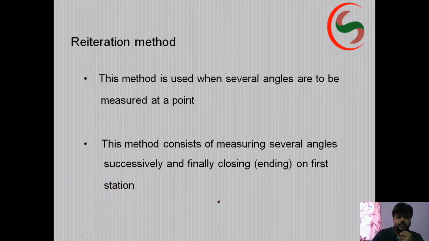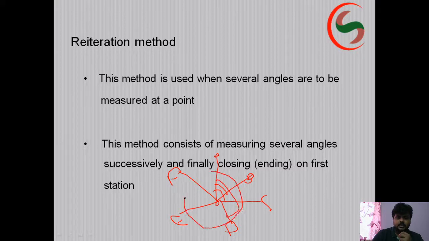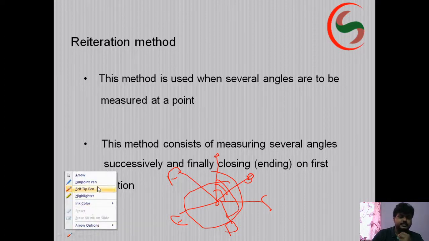Suppose this is point O, our instrument point, and A, B, C, D, E, F. Like that you can calculate the angles. Finally it should read 360 degrees, that is the condition.